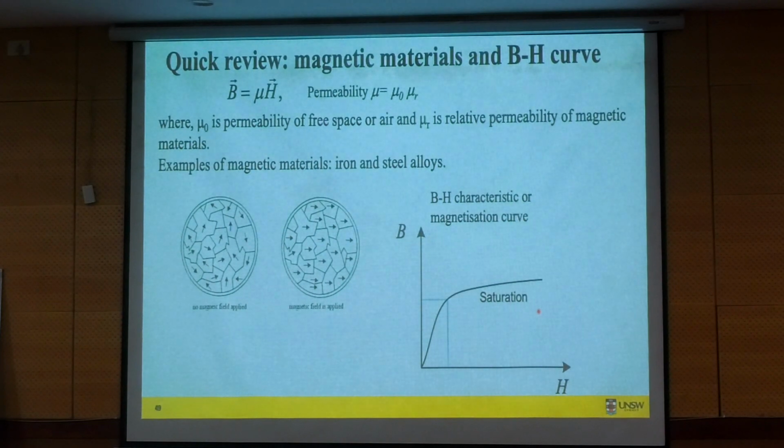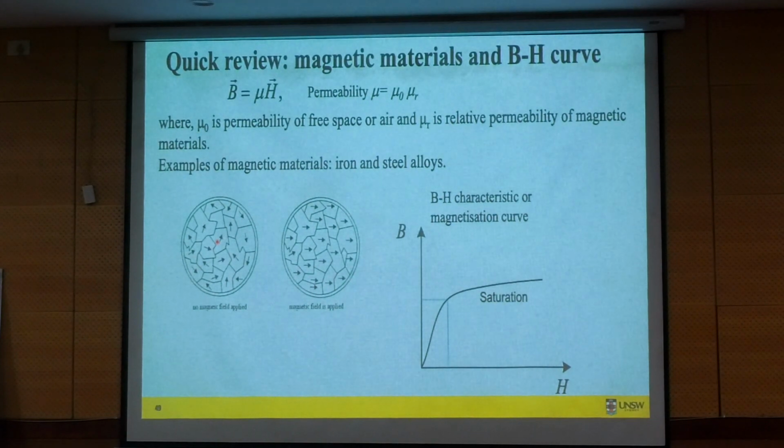So what does magnetic saturation actually mean? In, let's say, the case of iron or electrical steel, you have magnetic dipoles. These magnetic dipoles in one region of the material are aligned in a particular direction, okay?